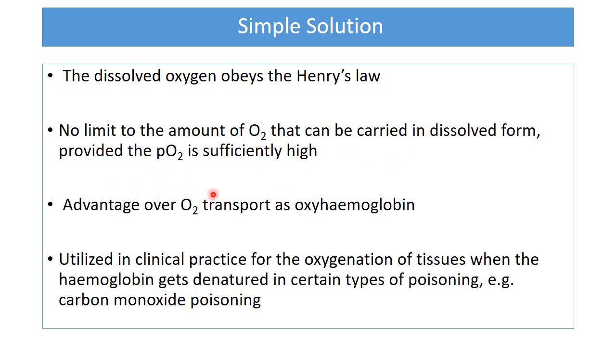This is a distinct advantage over oxygen transport as oxyhemoglobin combined with hemoglobin, which cannot exceed a certain limit. Therefore, dissolved oxygen at high partial pressure, that is hyperbaric oxygen, is utilized in clinical practice for the oxygenation of tissue when the hemoglobin gets denatured in certain types of poisoning like carbon monoxide poisoning.